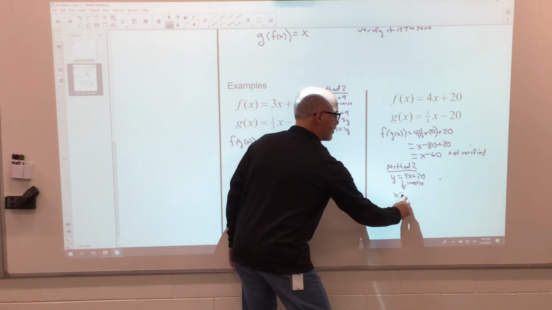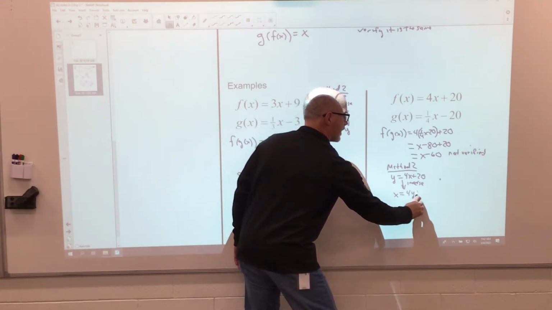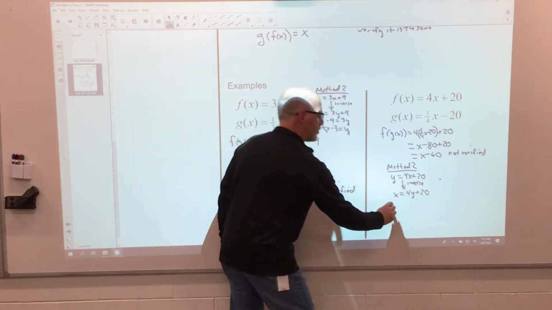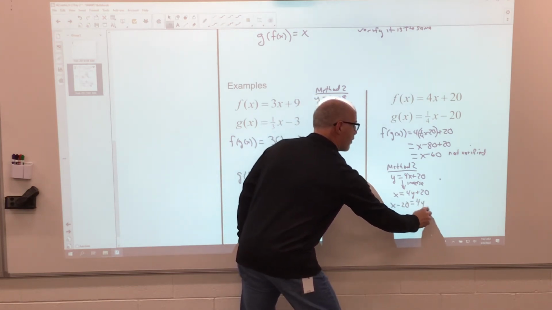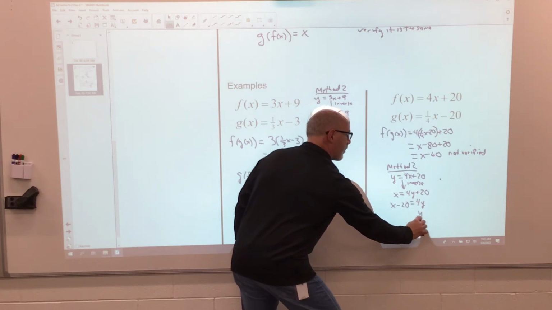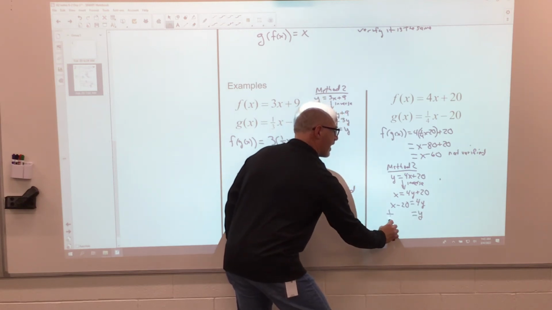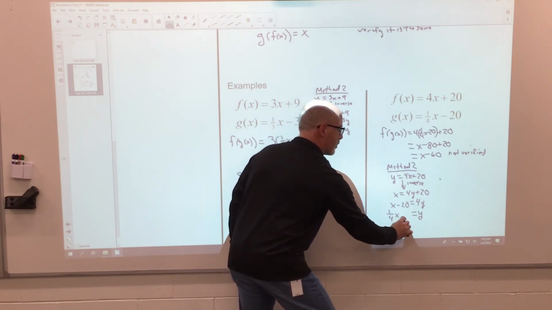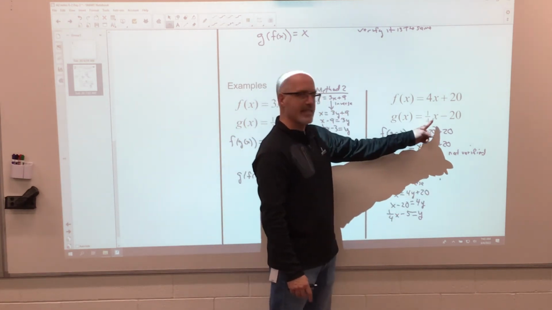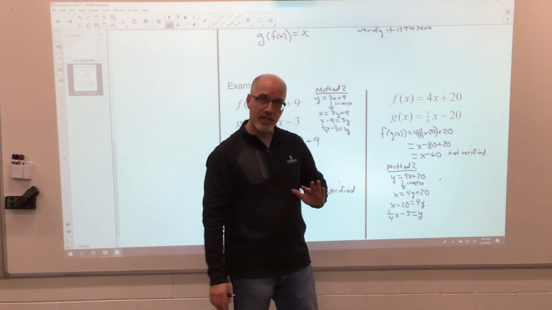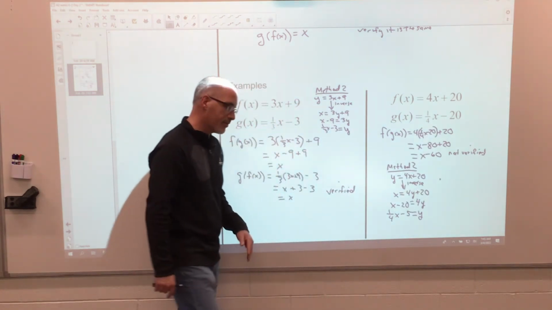We get x equal to 4y plus 20. Subtract 20. Divide by 4. So what you get, or multiply by 1/4. You get 1/4 x, -20 divided by 4 is -5. That formula is not the same as the second one. So that shows you that it's not the inverse.